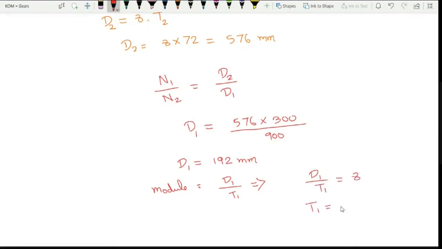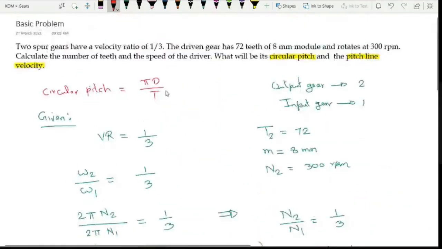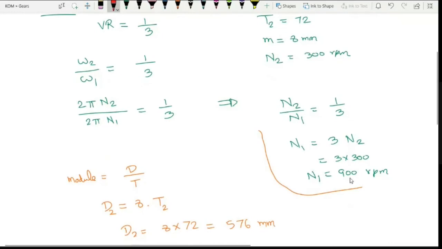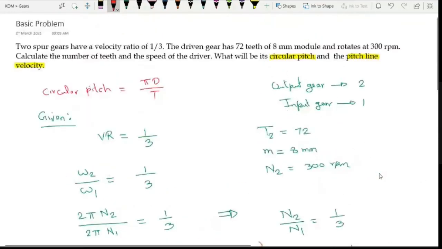So T1 is equal to 192 by 8, which is equal to 24. So it is 24 teeth. Now we completed this step. So the number of teeth is 24, and the speed of the driver gear is also known, which is 900 RPM.